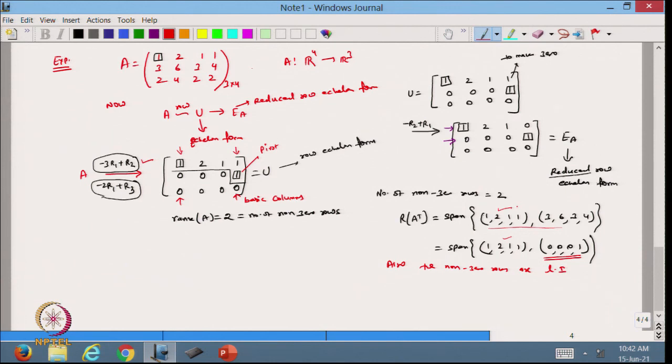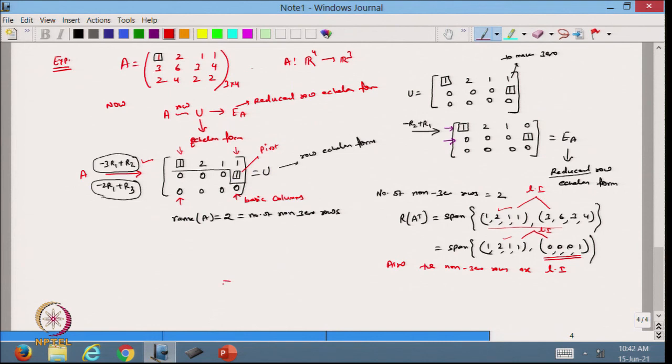So, basically these two vectors and these two vectors are alike, and this vector is a linear combination of these two vectors. So, from here very easily we can check that the span of this vector is the same as the span of this vector.